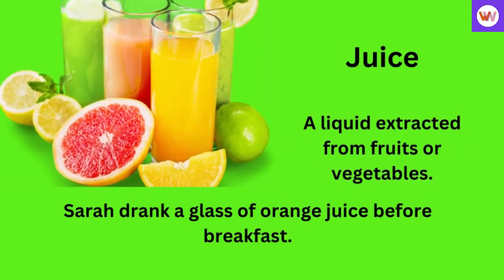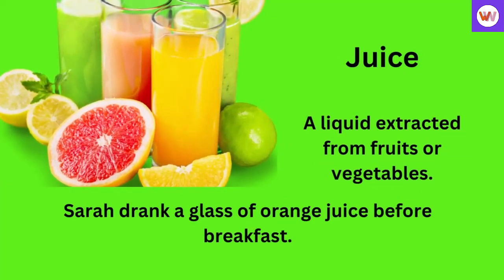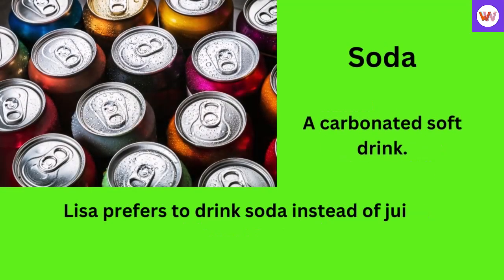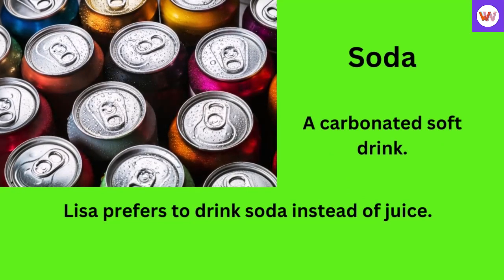Juice. A liquid extracted from fruits or vegetables. Sarah drank a glass of orange juice before breakfast. Soda. A carbonated soft drink. Lisa prefers to drink soda instead of juice.